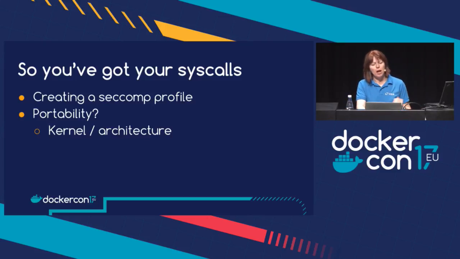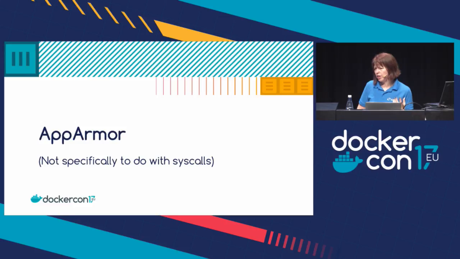So we could step up another layer of abstraction by using a Linux security module called AppArmor. I mention these because they can also be associated with Docker containers, much like you can associate a seccomp profile with a Docker container.